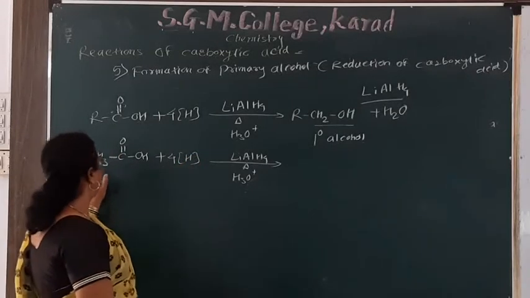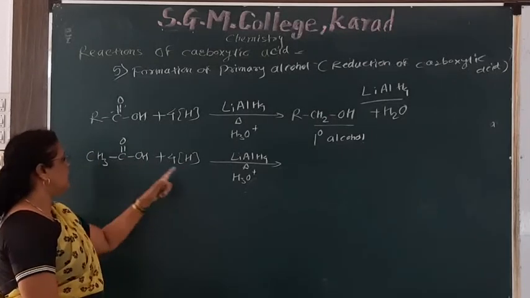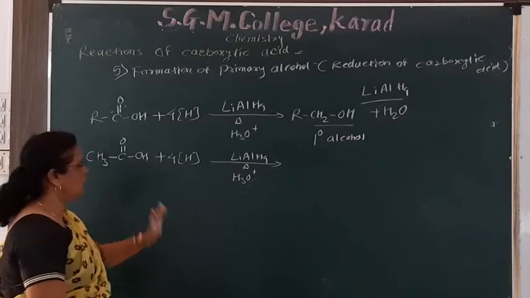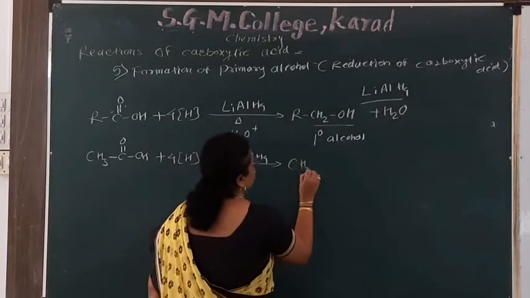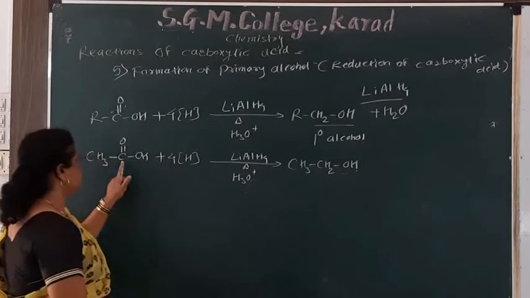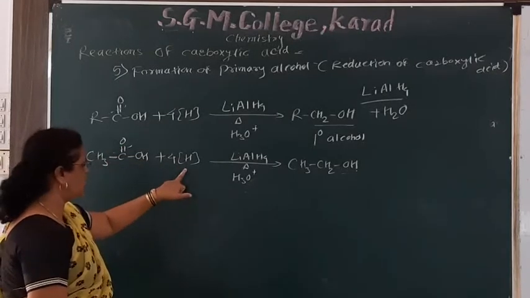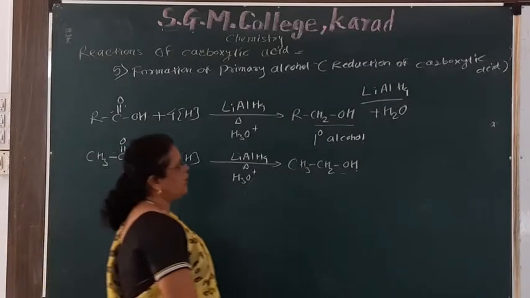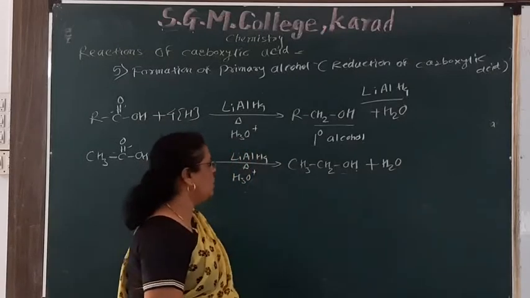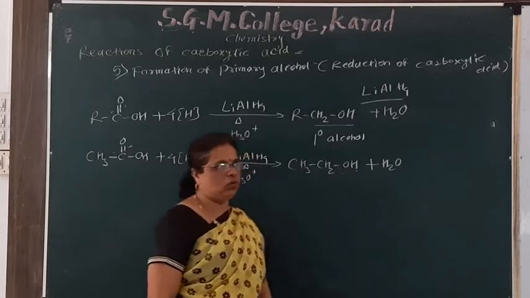Then we get CH3, and 2 hydrogen atoms attached to this carbon atom, giving CH3CH2OH. This bond breaks, and the 2 hydrogen atoms and this oxygen give H2O, a water molecule. This is a primary alcohol like ethanol or ethyl alcohol.